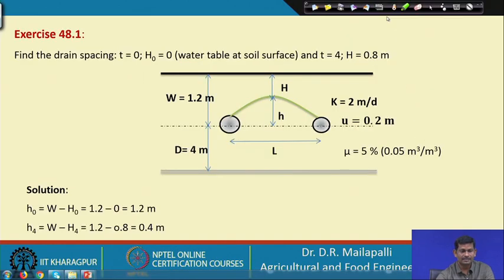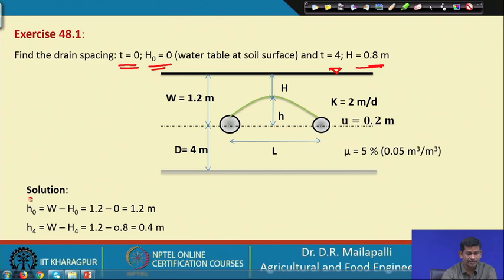Okay, so here is the exercise. First, find the drain spacing L when t equal to 0, h naught equal to 0, that is, the water table is exactly at the soil surface. And at t equal to 4, h is equal to 0.8. So, when t equal to 4, the water table went down to 0.8.